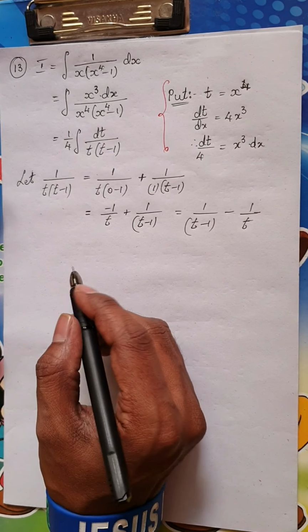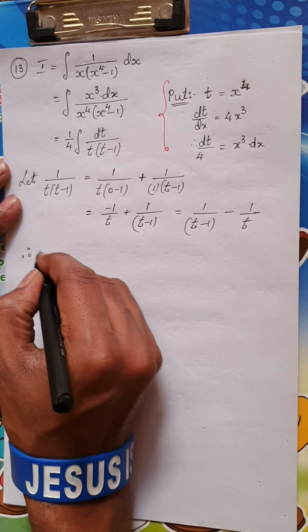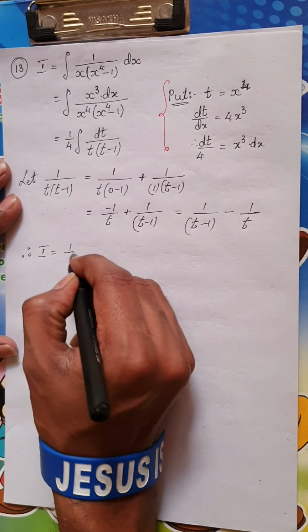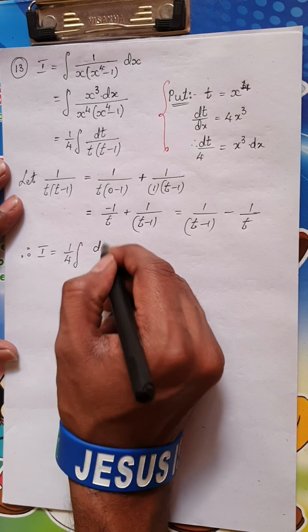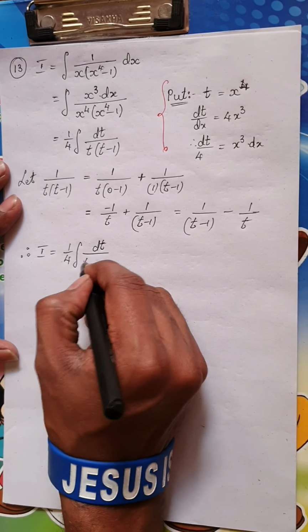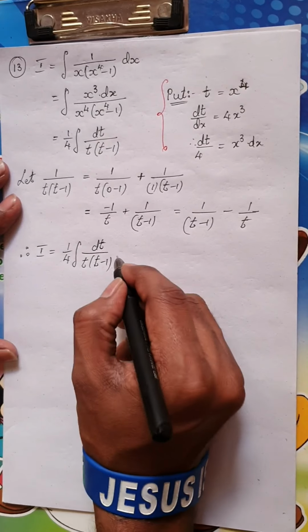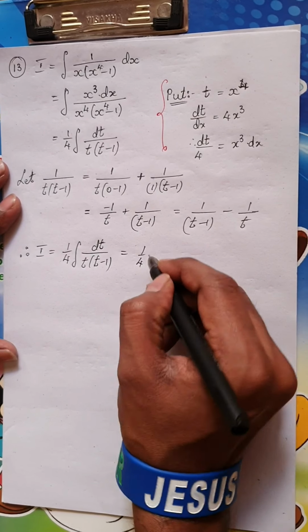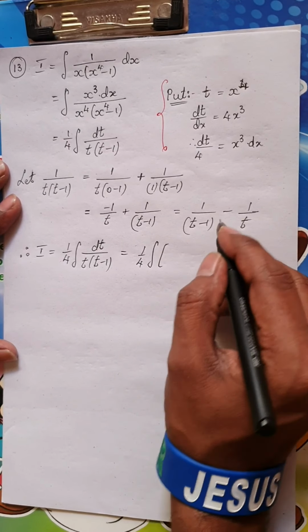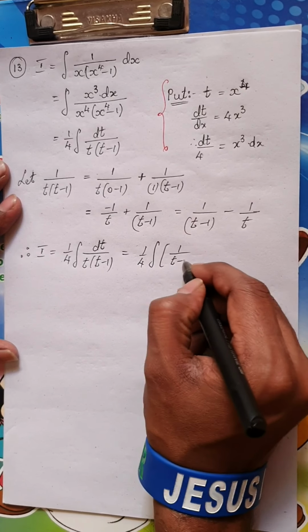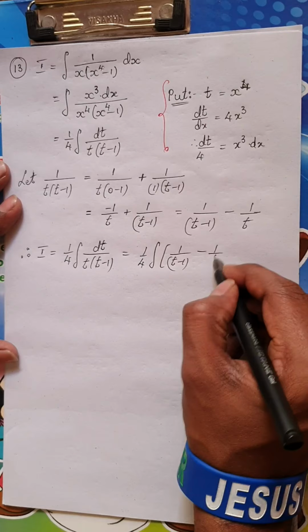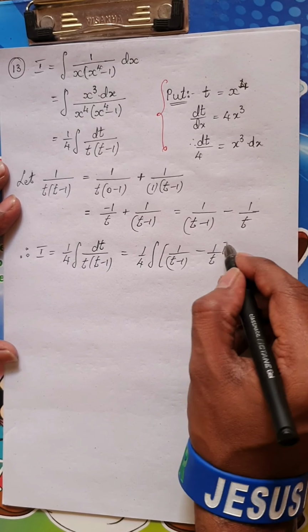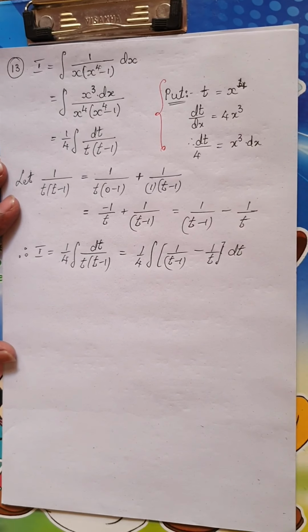Okay. So let us write, therefore, what is I? I is equal to 1 by 4 into integral of dt divided by t into t minus 1. This is nothing but 1 by 4 as it is, integral of, now write this, which has been split into partial fractions, 1 divided by t minus 1 minus 1 divided by t dt, right.